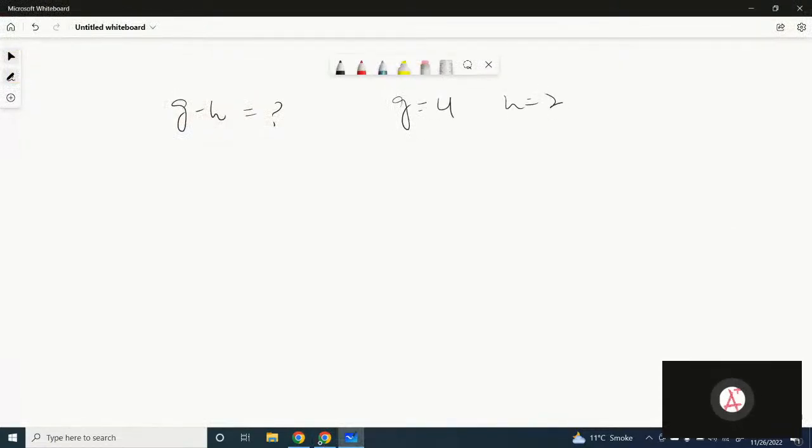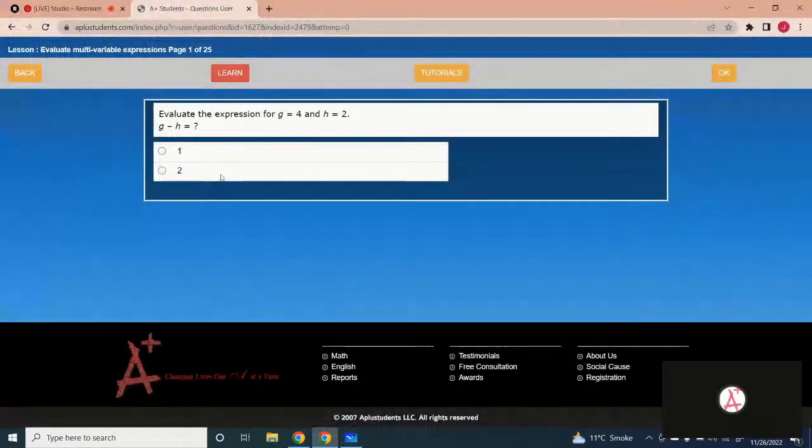Okay, replace the g with 4, and replace the h with 2. So 4 subtract 2 equals 2. Got it? So let's start with the next one. The correct option is 2. Select the correct option and click on the OK button.